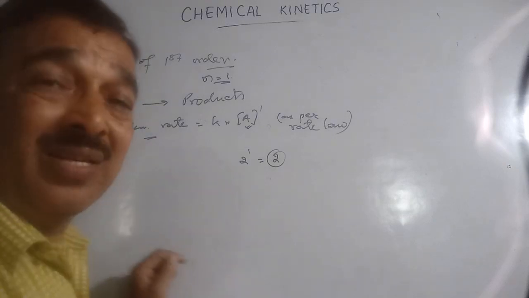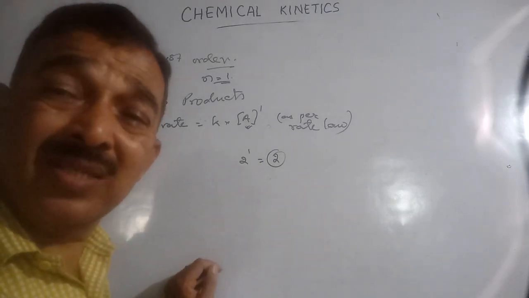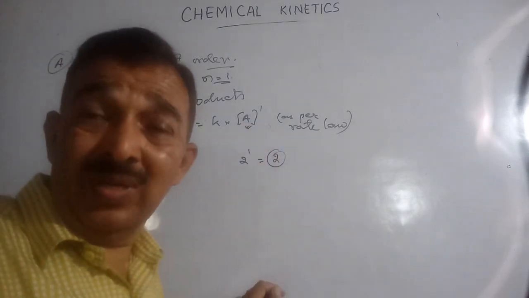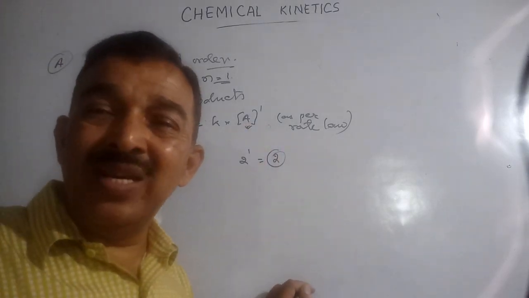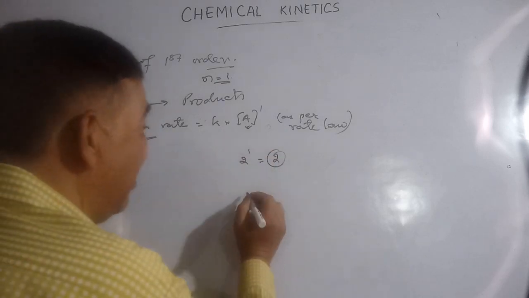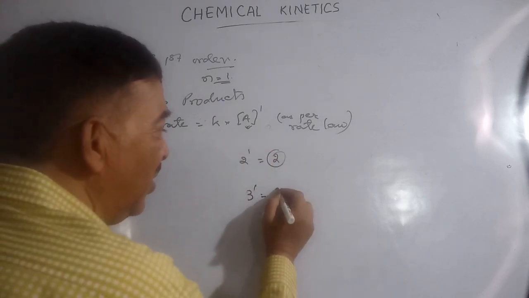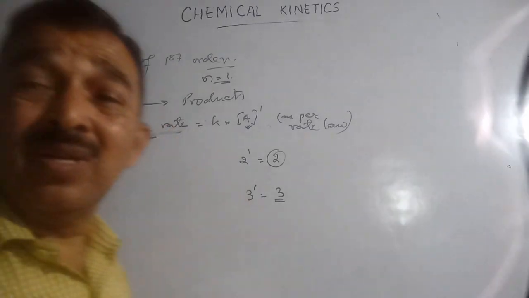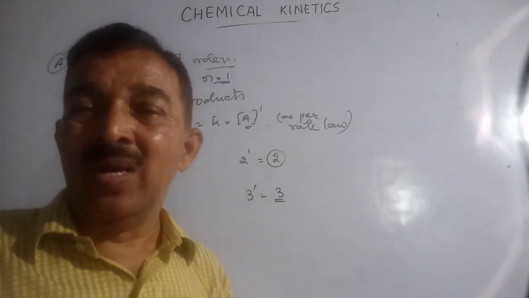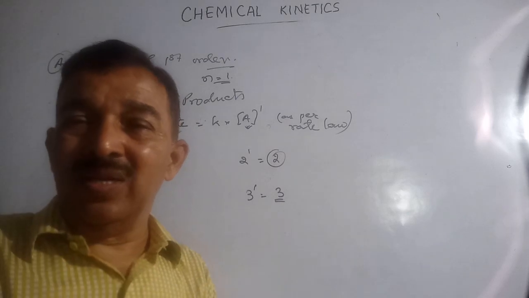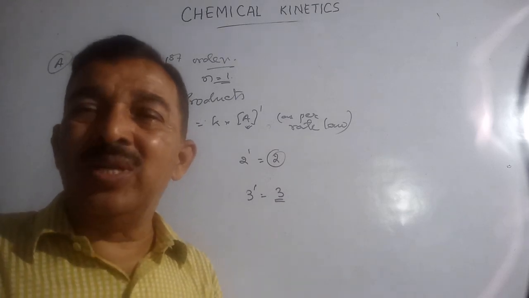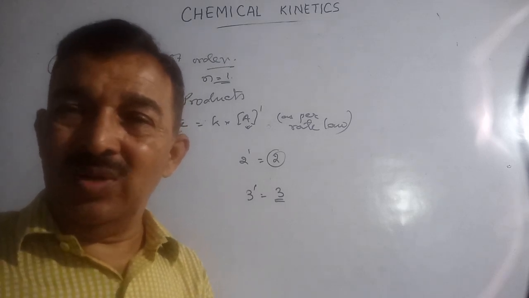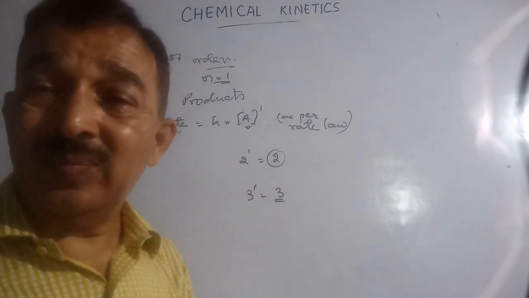It means that the reaction rate also gets doubled. If the molar concentration of A becomes 3 times, then 3 to the power 1 is equal to 3. It means the reaction rate also becomes 3 times. And if it is halved, the reaction rate also will become half. So the order of such a reaction is called 1.